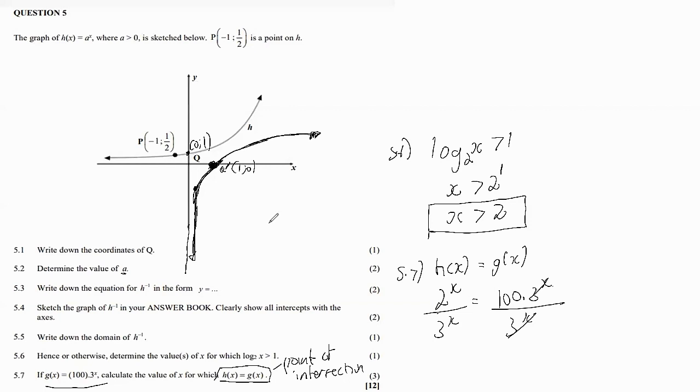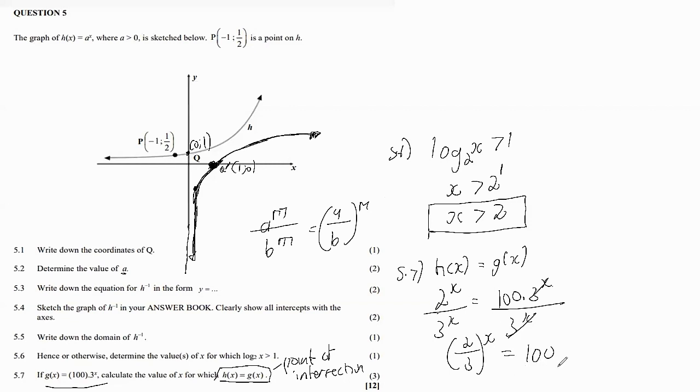You remember the rule of exponents that says if I have a to the exponent of m and also b to the exponent of m, this can be written as a over b to the exponent of m. So they can be raised to the same exponent since they share the same exponent. So this is 2 over 3 to the exponent of x, and then we are left with 100.